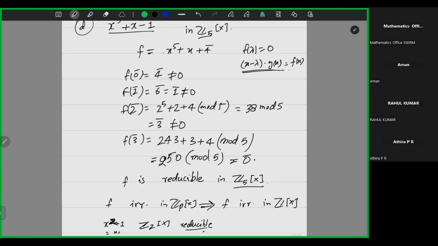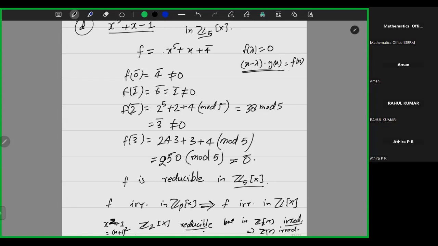This is the same as (x + 1) whole squared. But in Z3[x], it has no root. 0, 1, 2. Yeah, it is irreducible. This implies that in Z[x], it is irreducible.